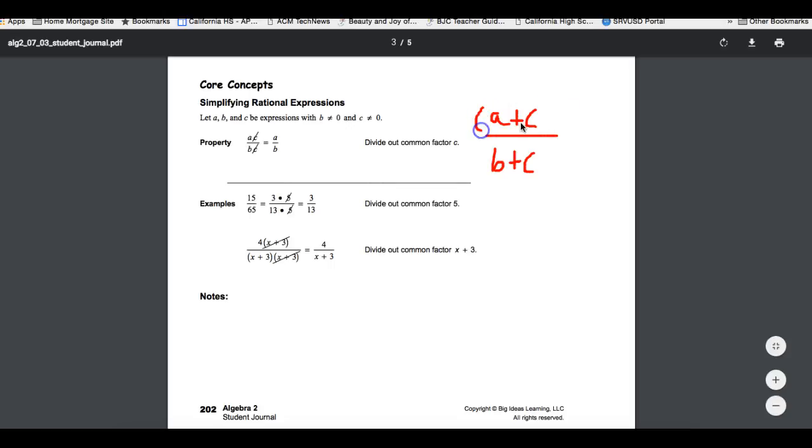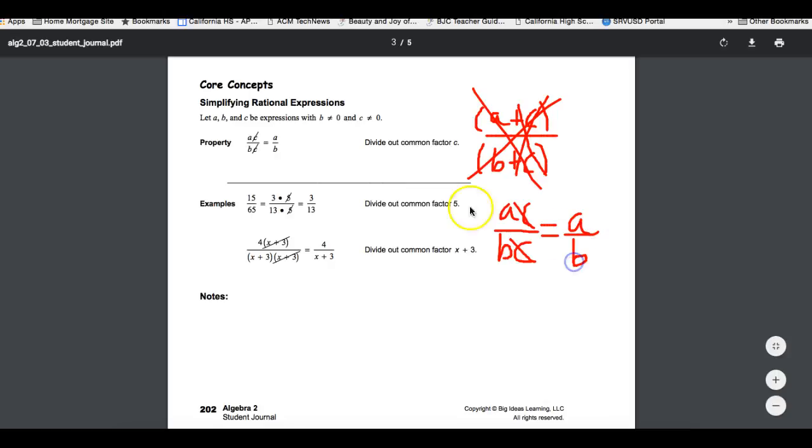Because remember, when you're working with polynomials, these terms are protected together by these parentheses. So this right here, you cannot cancel out. This is a no-no. Now, if you have a times c over b times c, you can cancel out c. This is okay. And that would just leave you with a over b.